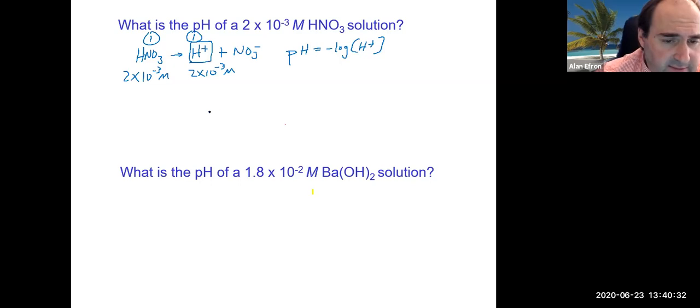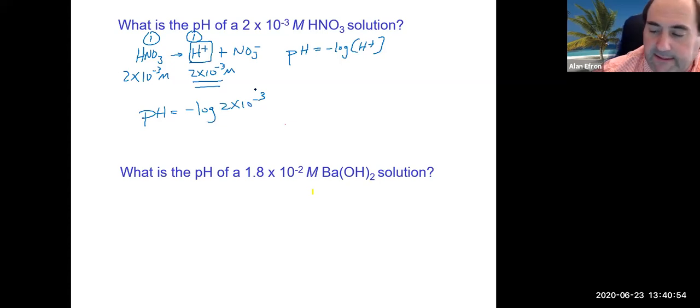So really in this case, we actually do have the H plus concentration because it's a strong acid. So we just need to put that in. pH is equal to minus the log of 2 times 10 to the minus 3. And it looks like we will end up with 2.7 as our pH.